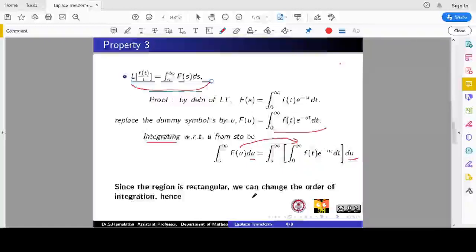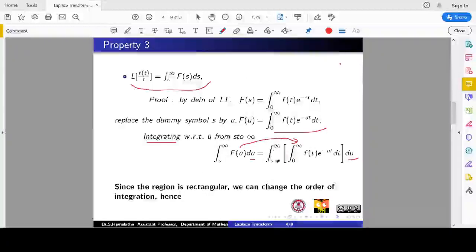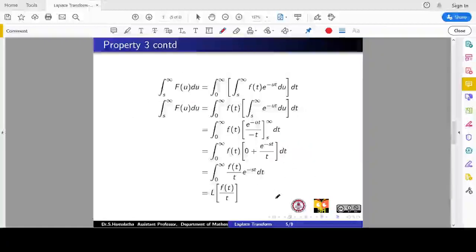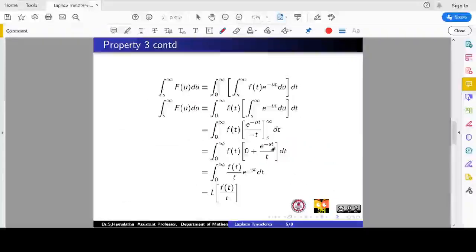Just observe these two integrals. I have shifted the s to infinity and 0 to infinity in the other order. So first comes 0 to infinity, then comes s to infinity. And here, in the previous we had dt and then du, but in the next we have du and then dt. So its order is changed. Now this is with respect to u, so I don't need to bother about this f(t).